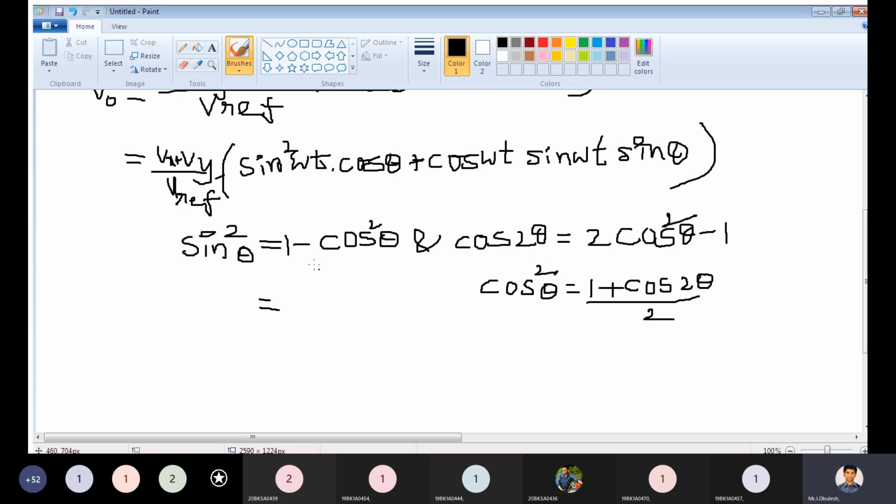Then we will get the value of 1 minus cos 2 theta divided by 2.